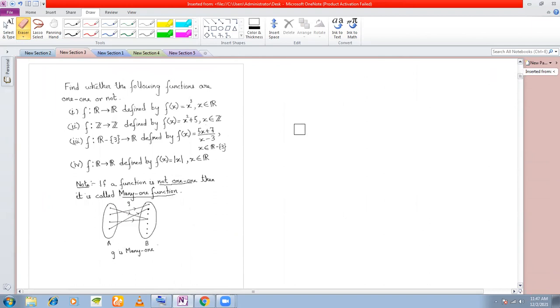See here, find whether the following functions are one to one or not. Look at number one.